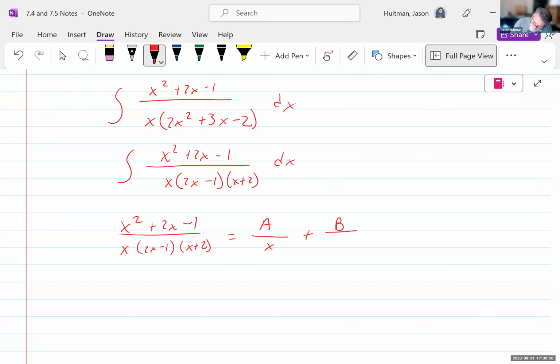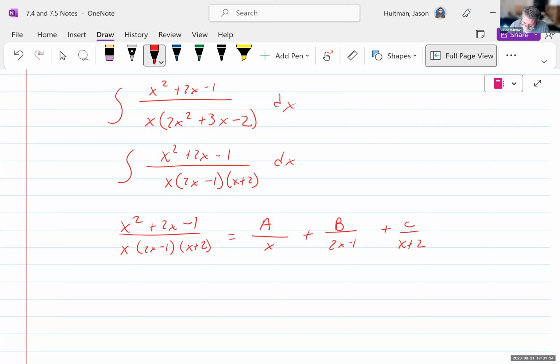So a over x, b over 2x minus 1 plus c over x plus 2. Okay, so we just do a, b, c if they're linear factors. We'll talk later about what happens when we get stuff other than linear factors, but we're just going to start off with linear factors right now. And so we can say that this fraction on the left can equal something over x plus something over 2x minus 1 plus something over x plus 2. We can break it apart like that.